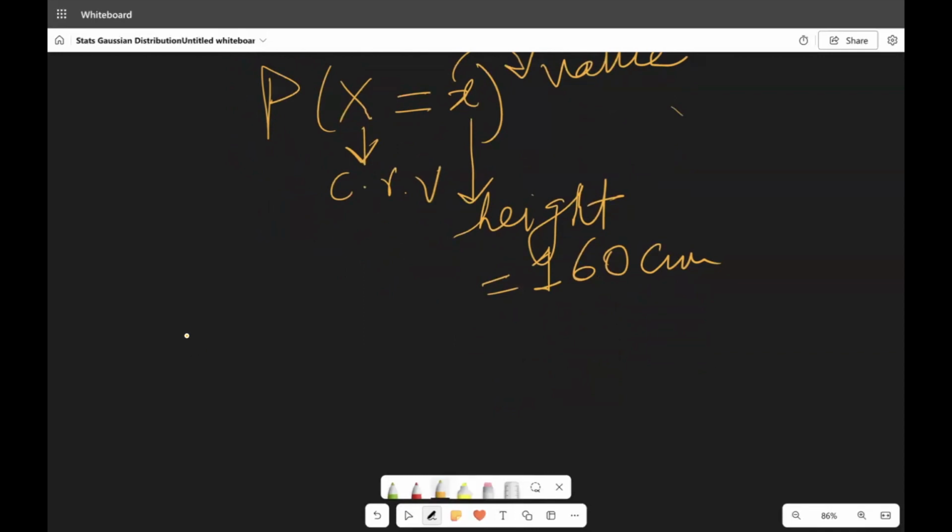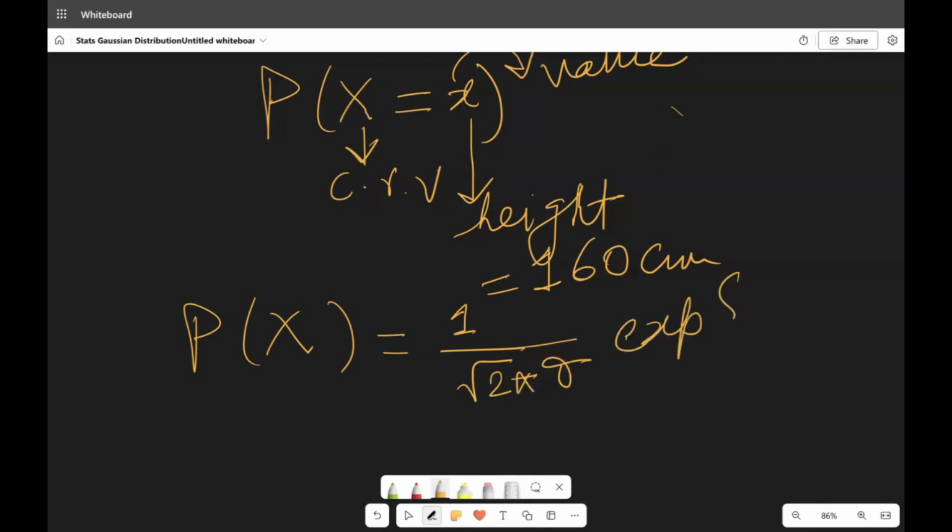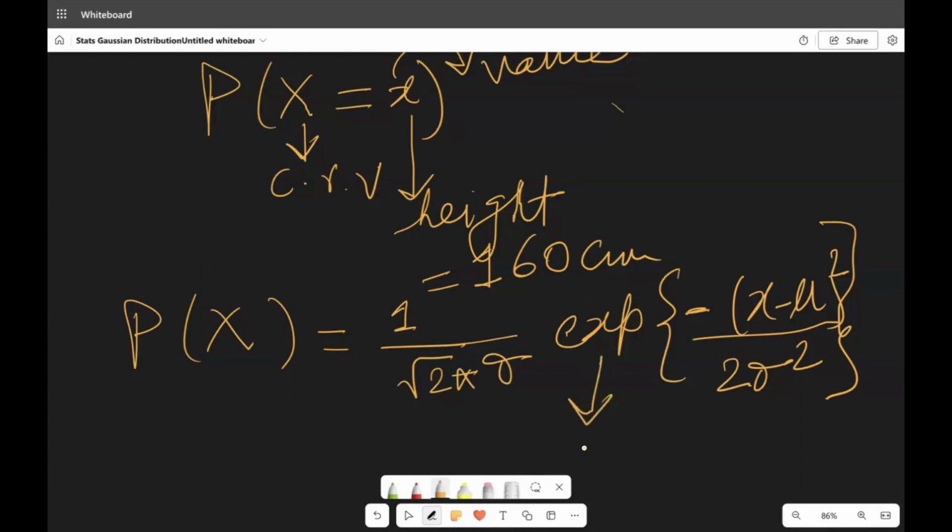The general form of the probability density function is something like this: 1 by root 2 pi sigma, exponential minus of (x minus mu) square by 2 sigma square. This is my exponential. This is exponential of x is equal to e power x.